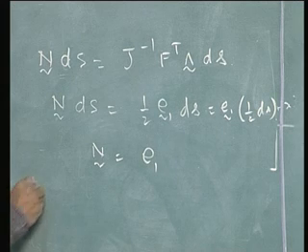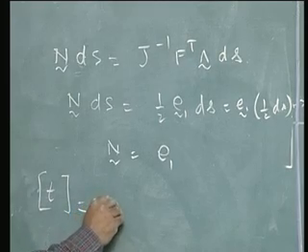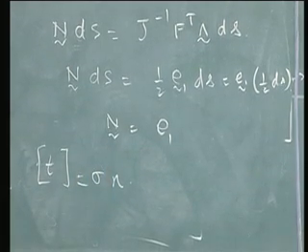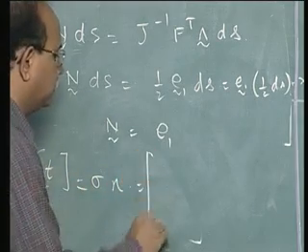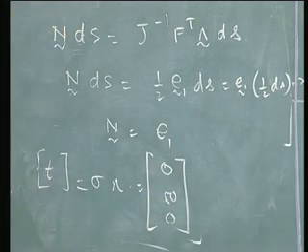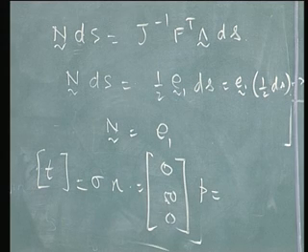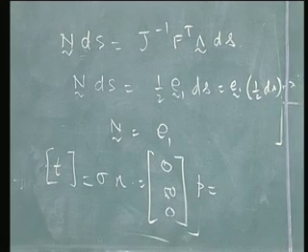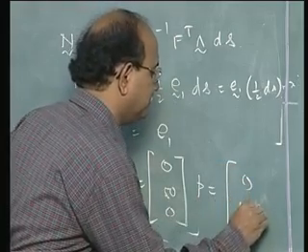Yes, so find out the traction or the stress vector sigma n. Very good. So that happens to be 0, 50, 0. Now what happens to P? 0, 100, 0, very good.